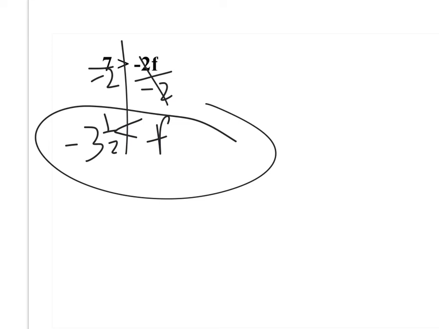Right? If you want to pick a number, what would be a number that's less than negative 3 1/2? 0. That's less than negative 3 1/2. Be like negative 5, right? Okay. So let's go with negative 5. What's negative 2 times negative 5? 10. 10, right? Oh, negative 2, yeah, 2. Okay.